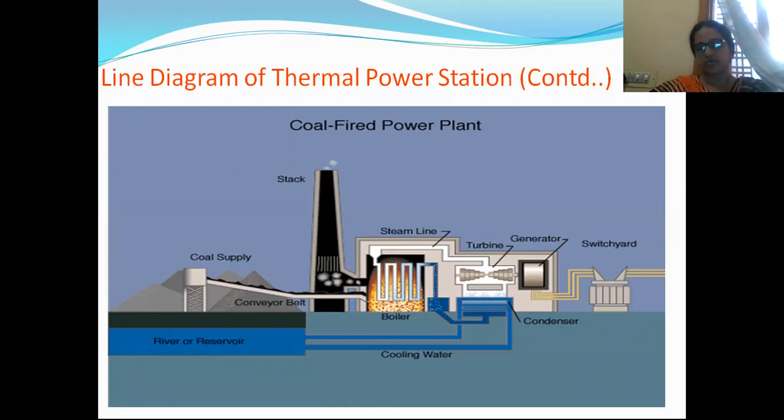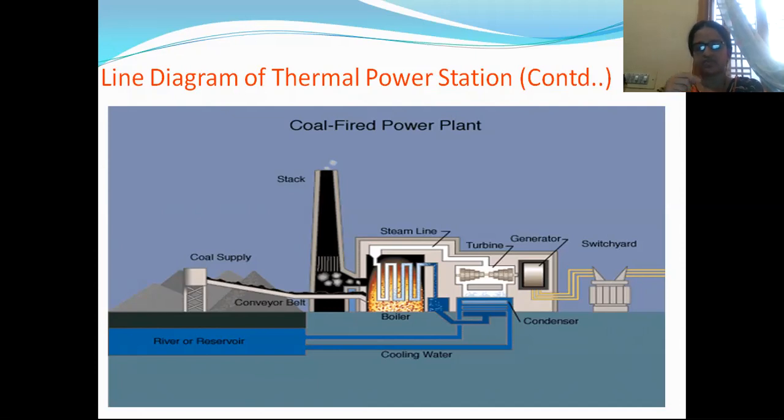As you perform combustion in the boiler and water passes through the tubes, the temperature of the water increases and the water is converted into steam. After that, the steam is given to the turbine.